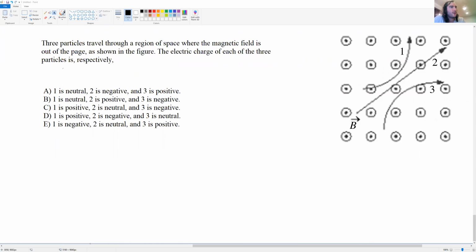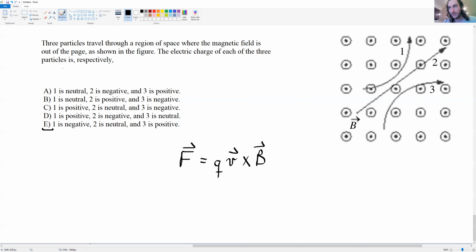So now everyone's back from the breakout rooms. The answer to the question is E. And I'll give a quick explanation for those of you who are watching on YouTube. So we can use the right-hand rule for the Lorentz force, which tells us that the force on a moving charged particle in a magnetic field is in the direction of V cross B. So we use our right hand for that.